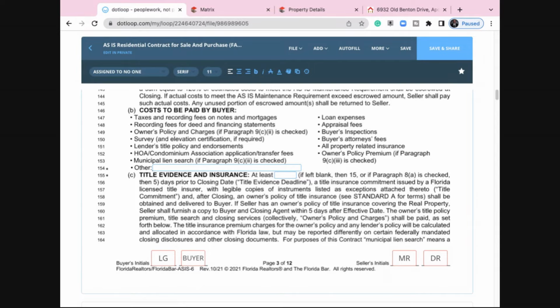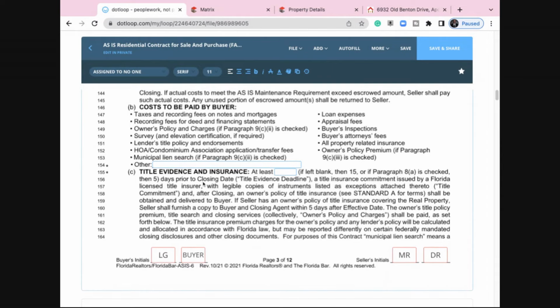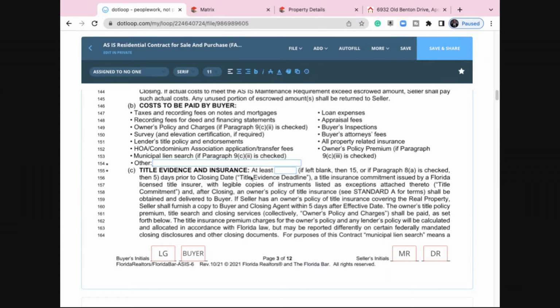Again, if you're working with your brokerage and your broker says that there's a transaction fee, that can be put right here in line 154. Okay, line 155, title evidence, and again, this is typically left blank, that if the title evidence or title insurance, etc., is left blank, 15 days is checked.